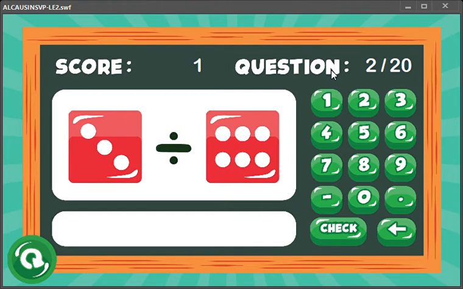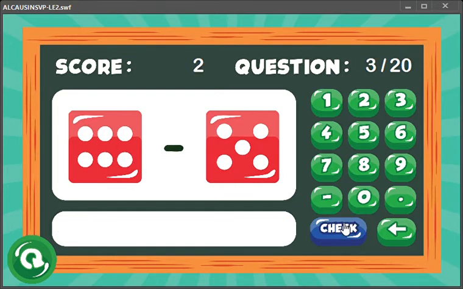We moved on to the second question. Okay, so this one, 3 divided by 6. That's a 0. Check, and it is correct. Another point for us, and another question for us.